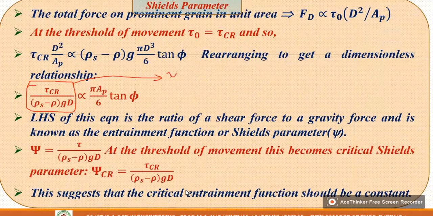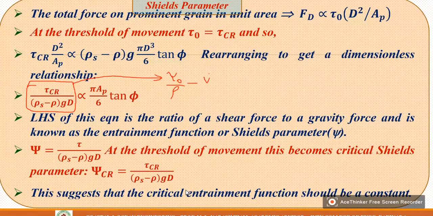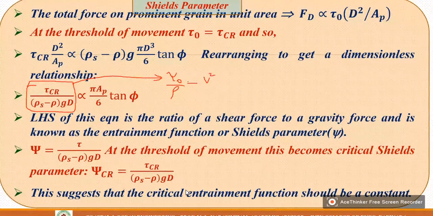Tau naught by rho will have the dimensions of velocity square, because square root of tau naught by rho will have velocity dimensions.